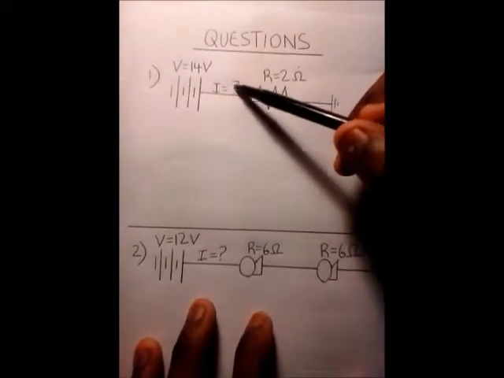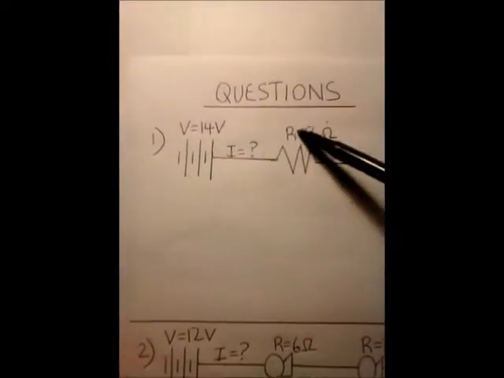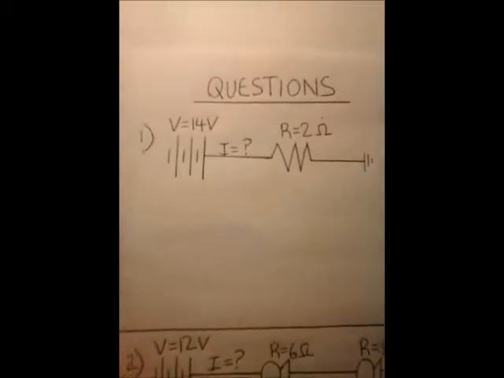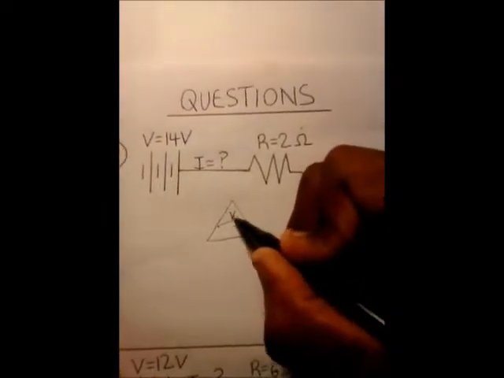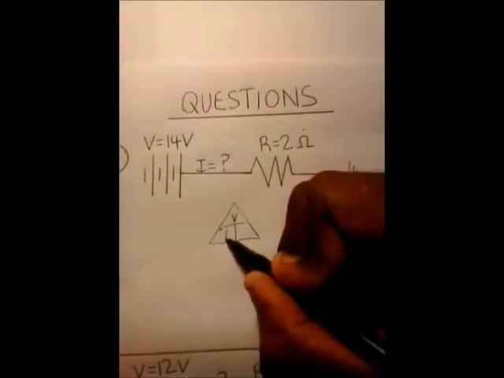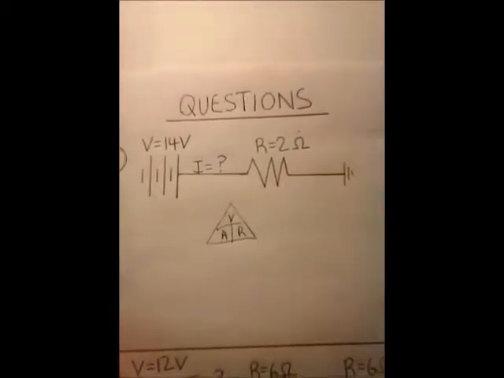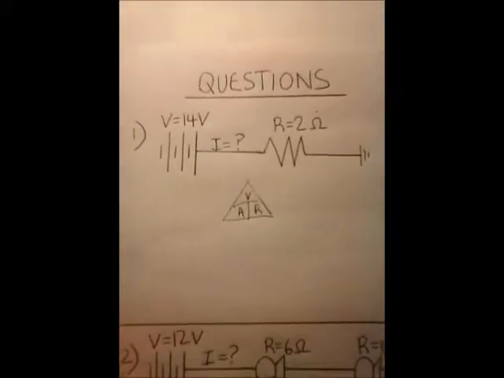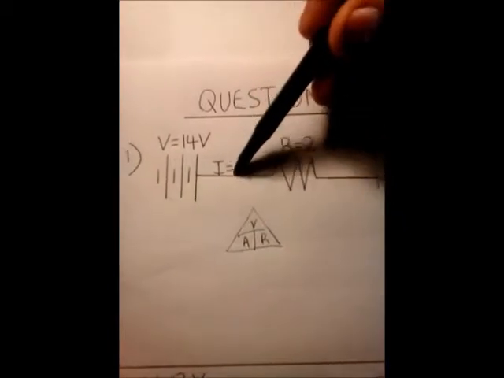Here, we're looking for current, but we are given ohms and we're given volts. So it's time to use our little friend. Remember that? That's what's going to help us out here. We're looking for current. Oh, this is the symbol for current, guys. It's I. Current.